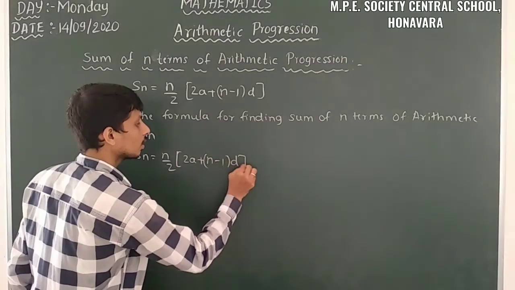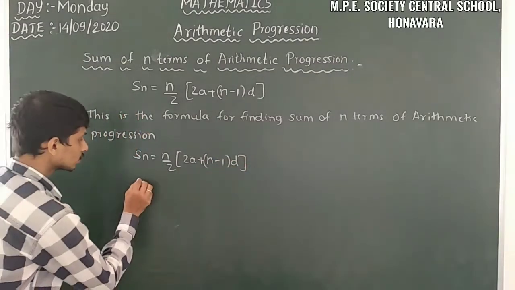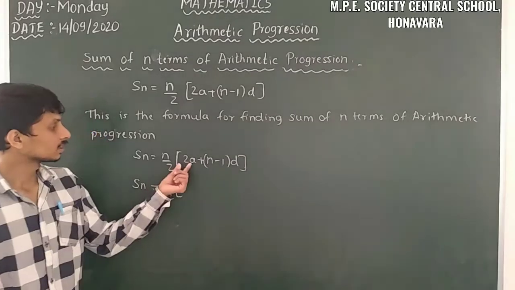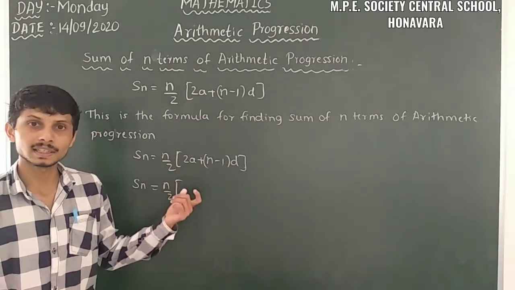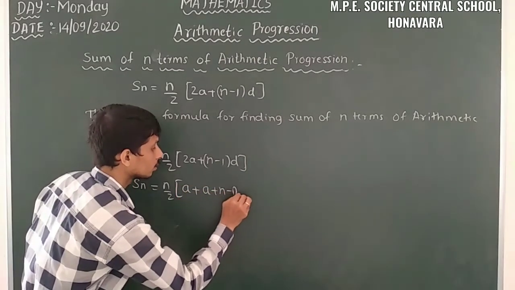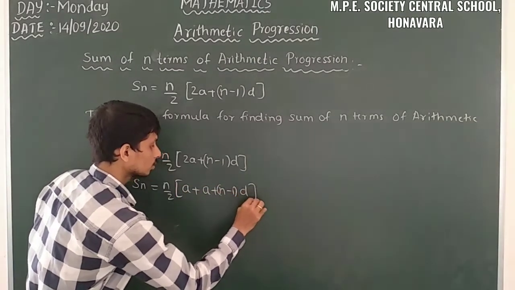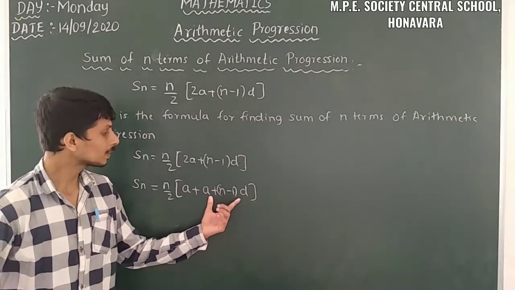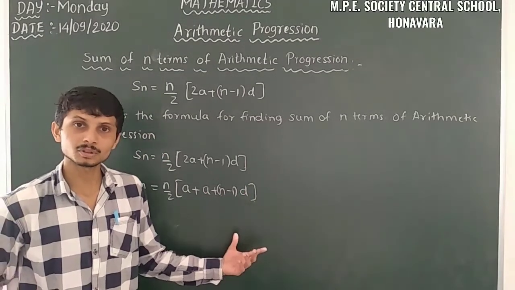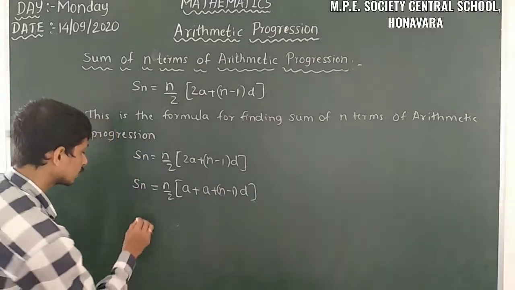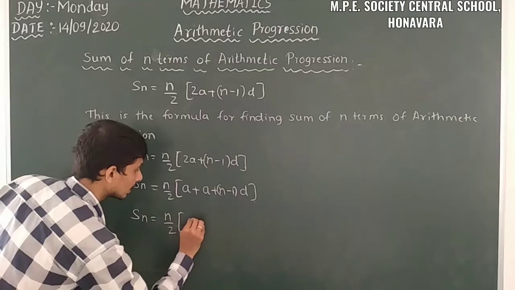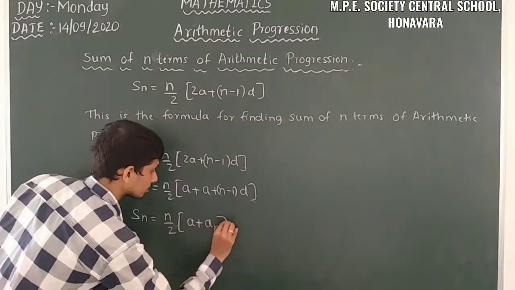Here I will take 2a as a plus a, so a plus n minus 1 into d. Just observe this part, a plus n minus 1 into d: this we call an, that means the nth term of an AP. So Sn is equal to n by 2 into a plus an.